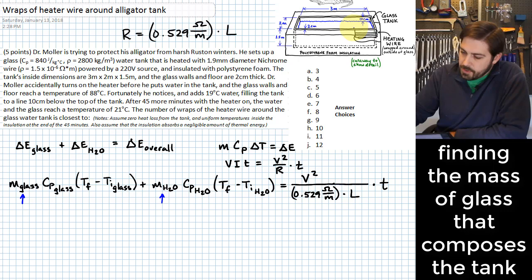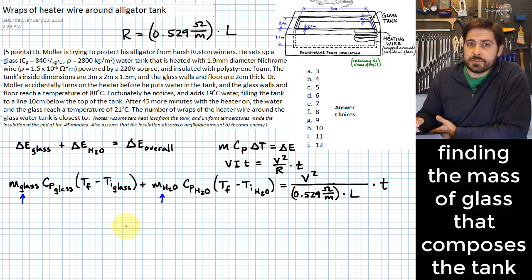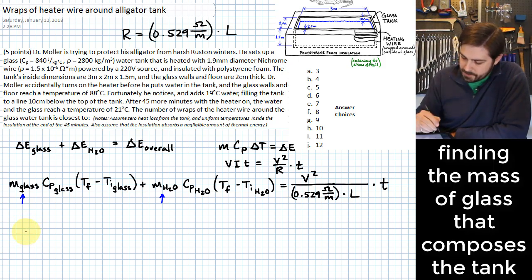We also know the thickness of the wall, that's given right here, this 2 centimeters. Okay, and so we need to figure out the volume of those materials and use it along with the density to figure out the mass. And I'll start doing that right here. So we'll start with finding the volume of glass.